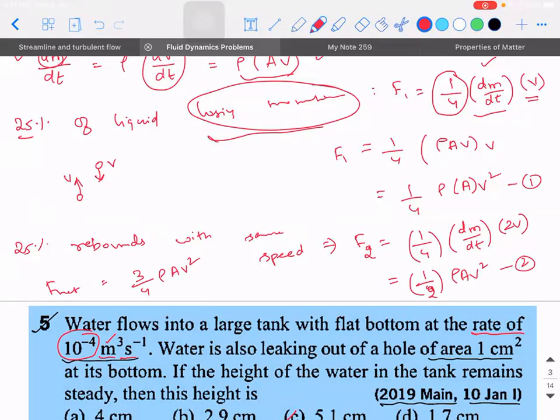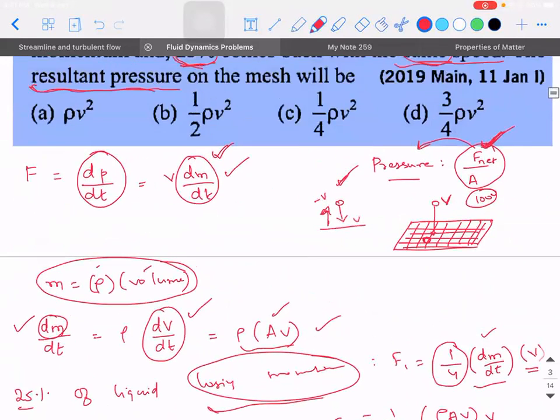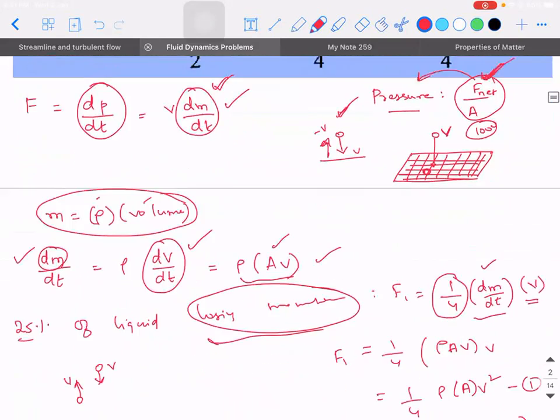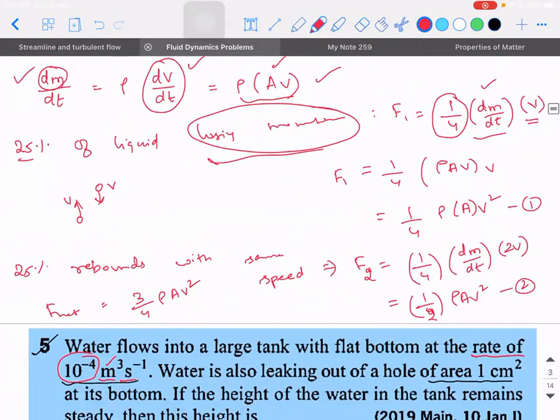Then what will be the pressure? 3/4 rho A v square divided by A. Guys, clear? Yes, sir. So it is 3/4 of rho v square. That is the net pressure experienced by the mesh.